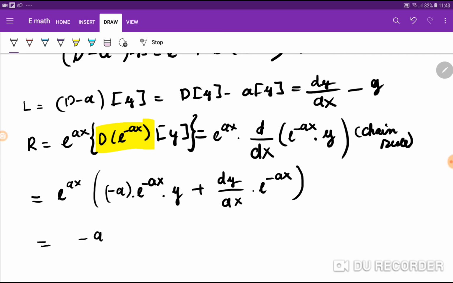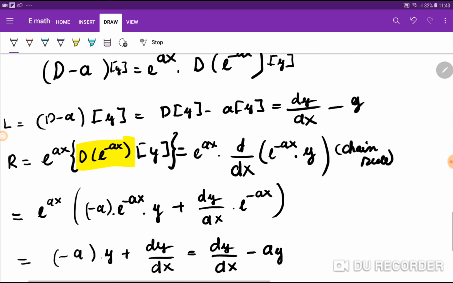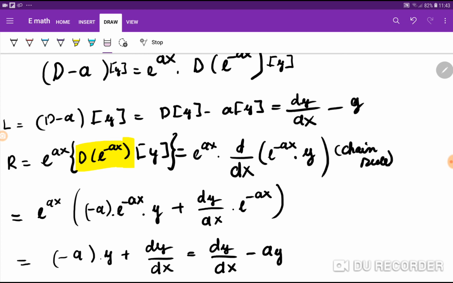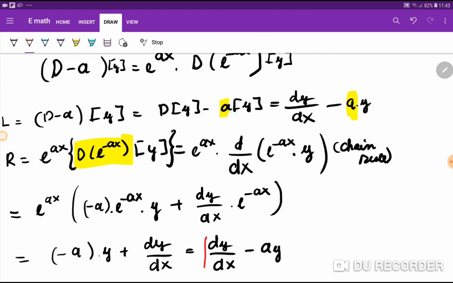It will be negative a times y plus dy over dx, equal to dy over dx minus ay. Oh god, I made a horrible mistake. This is not y, this is ay. Be careful, guys. A is not there for messing. So yeah, we have similar results right here and here.